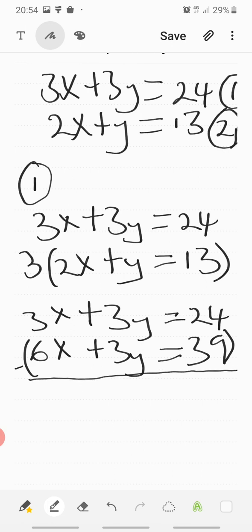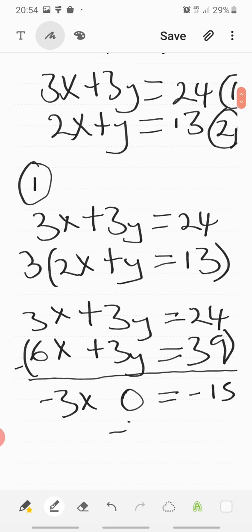So if you minus the 3x minus the 6x, we get a minus 3x. Then 3y minus 3y, we get a 0. Then 24 minus 39, we get minus 15.